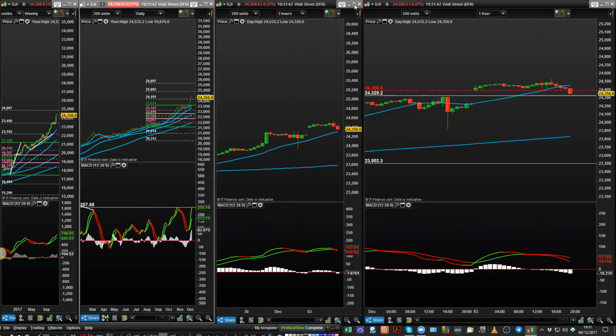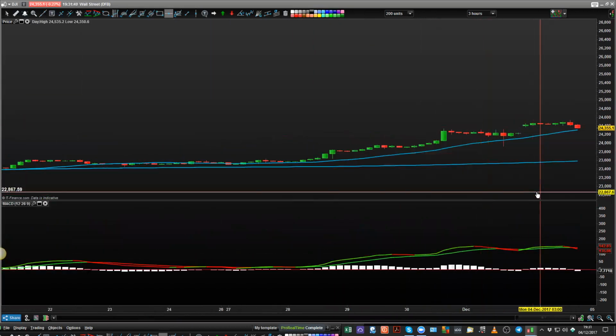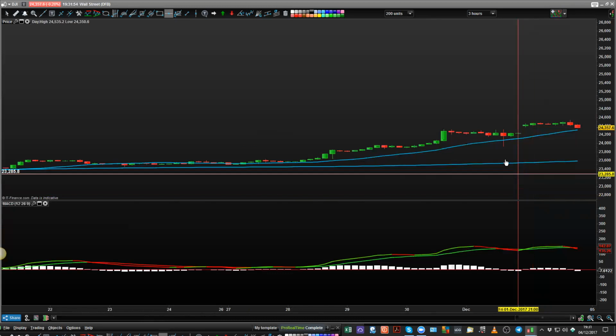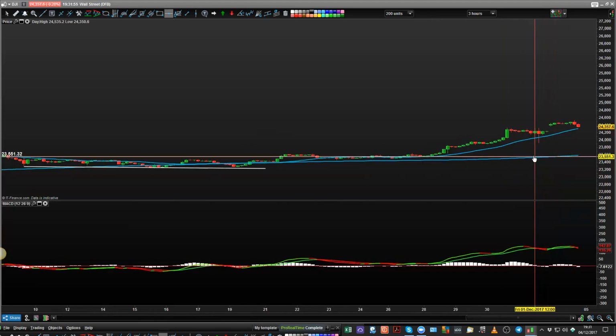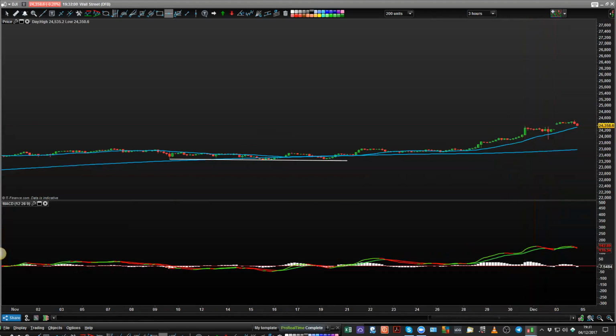But the smaller time frames definitely had this drop marked up. I think it was just a question of being very patient, getting short high, and just being very patient. And the high today was 537.